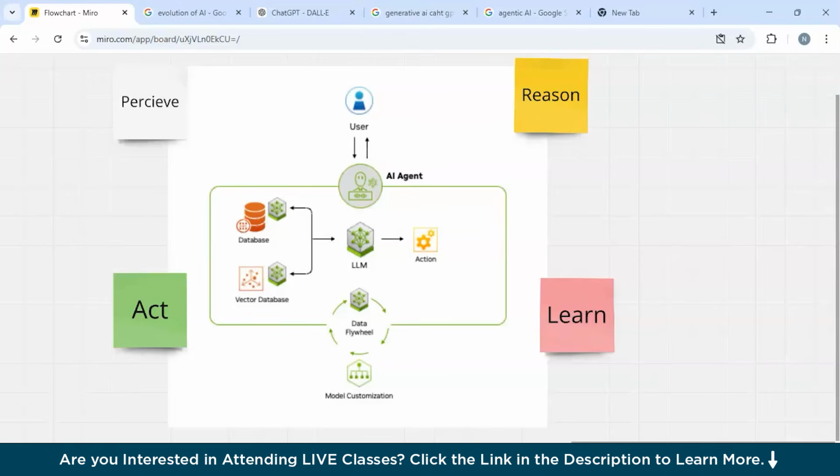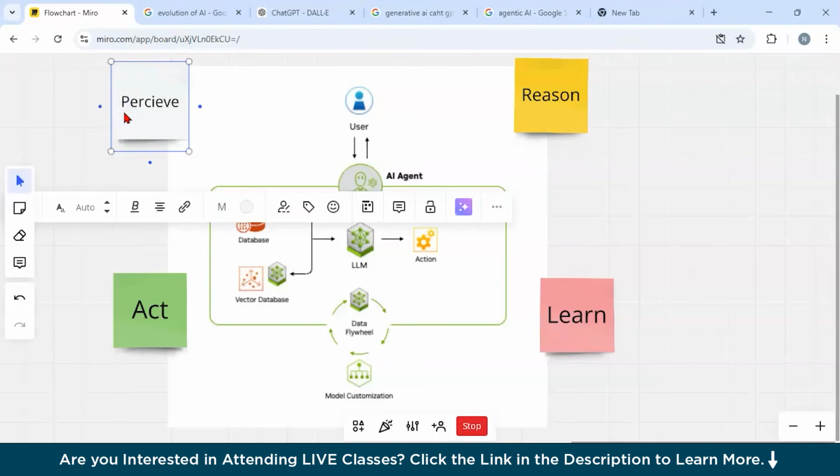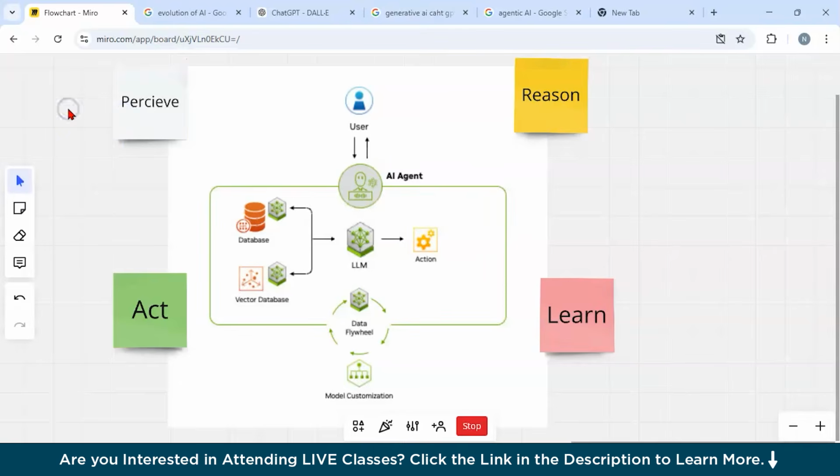Now, how is it exactly working, guys? Let us see technically how this is happening. The first step in perceiving is data extraction, where the AI agent queries structured databases like SQL or NoSQL for relevant records. It also uses vector databases to retrieve semantic data for context-aware responses, like a complaint it is trying to find.